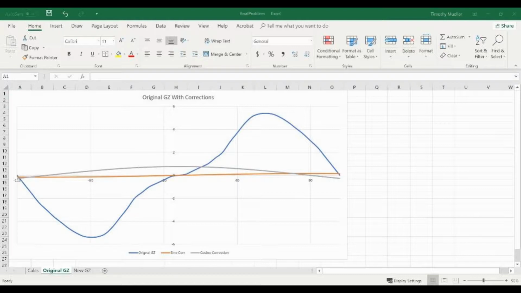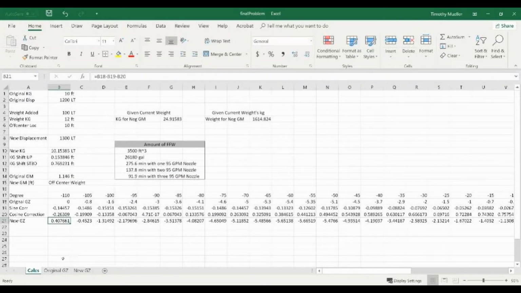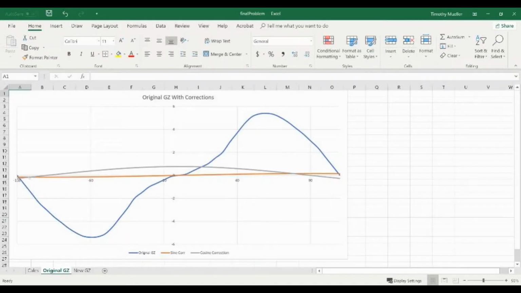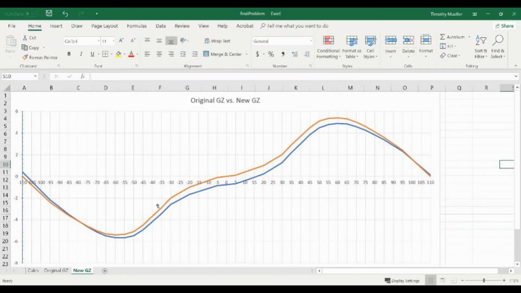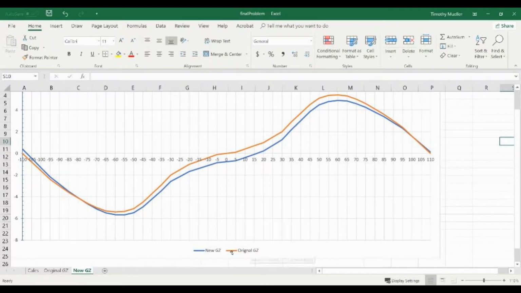All right, and then moving on from that, the first sheet was calcs, where you input your data. Original GZ just shows the original curve, sine and cosine corrections. Then new GZ is going to place the new GZ, so the blue line, in comparison to the original GZ, the orange line.